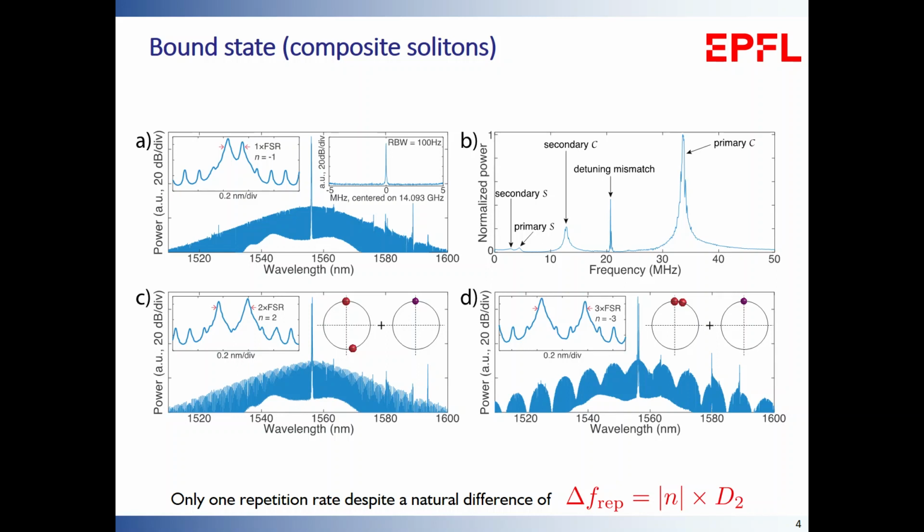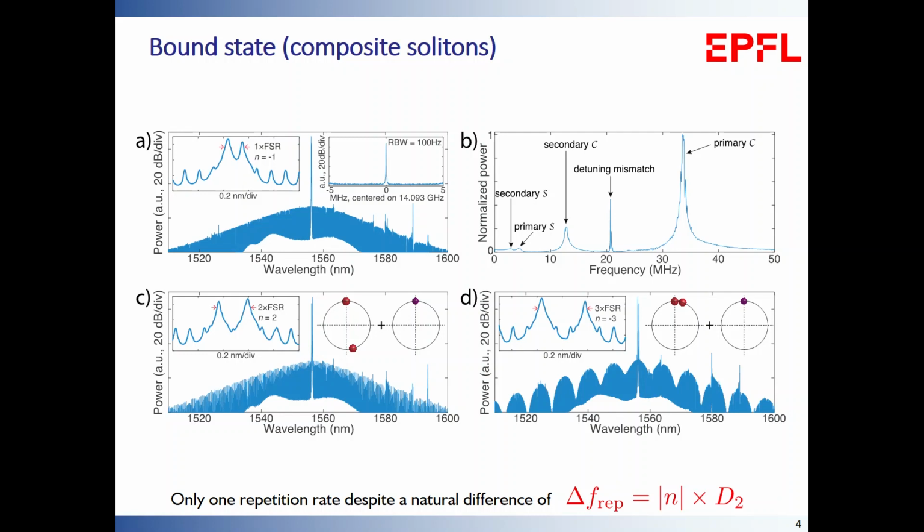And I'm not going into details of these experimental results, but here we use a transfer function measurement to prove that there are two kinds of solitons coexisting in the intracavity field. Okay, so it actually works.